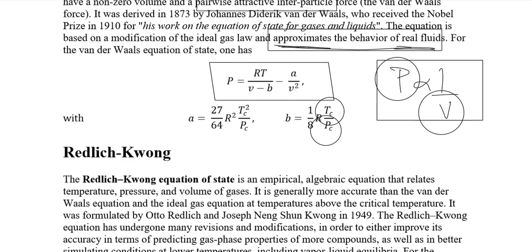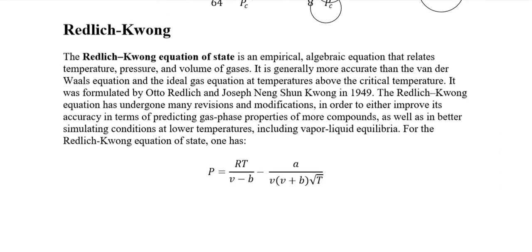The next modification of the ideal gas law is the Redlich-Kwong equation. The Redlich-Kwong equation is an empirical, algebraic equation relating temperature, pressure, and volume. It is generally more accurate than the van der Waals equation, and that is above the critical temperature.